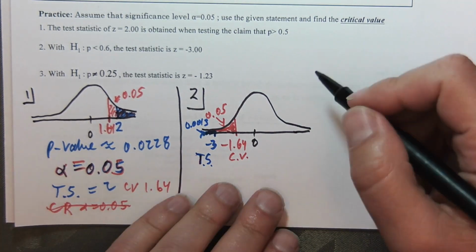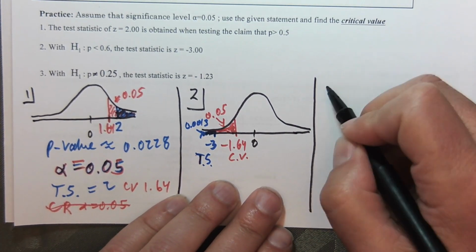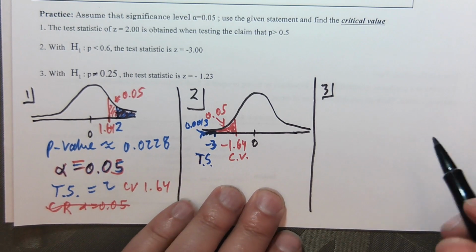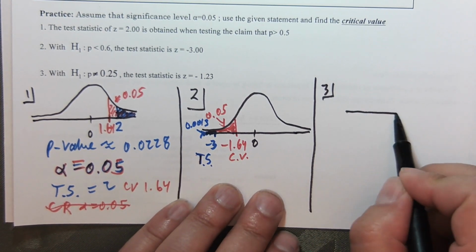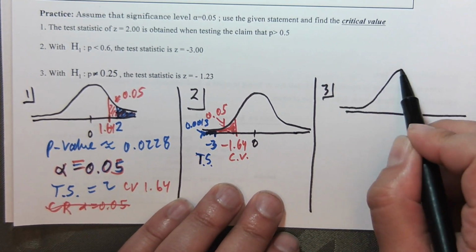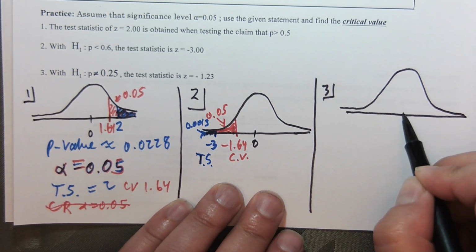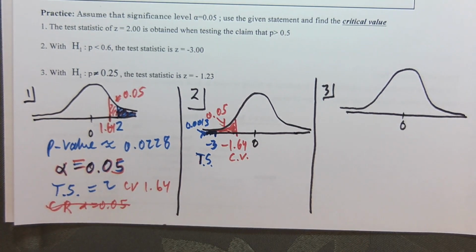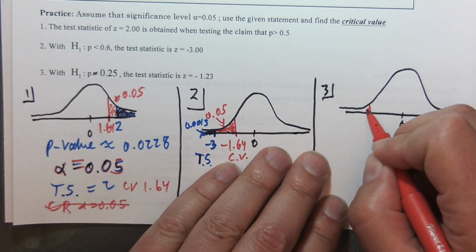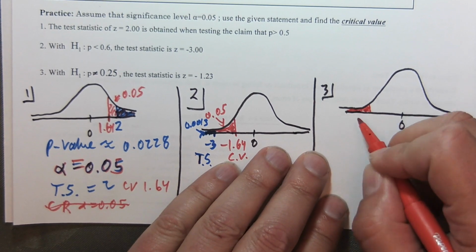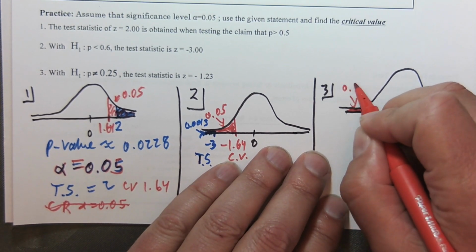All right, and our third one is going to be our two-tail. So now our alpha gets split up as well. So the area here is 0.025.